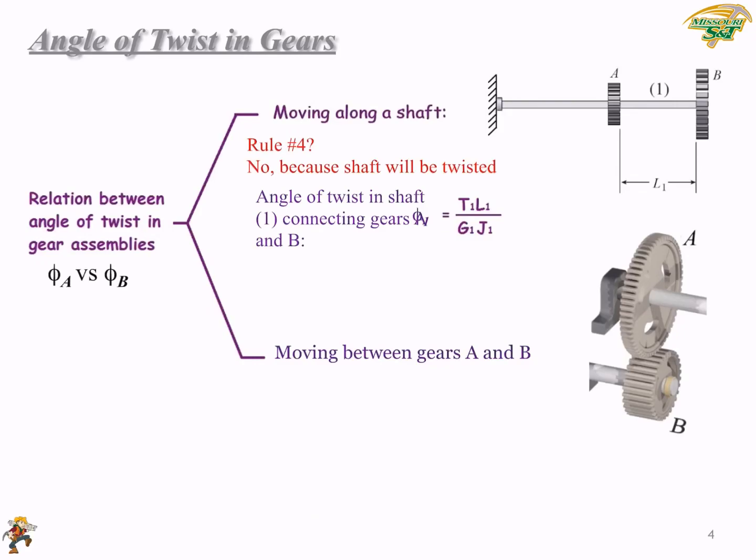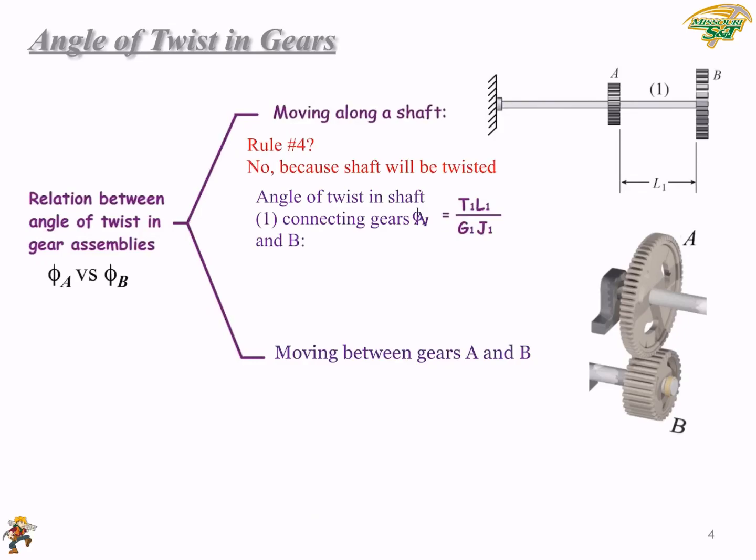Does rule number 4 apply? Rule number 4 says that when you have 2 gears connected through a shaft, they should always have the same angular velocity, but not the same angle of twist.